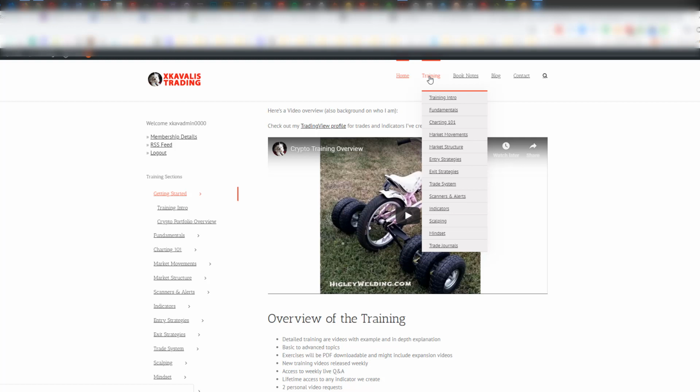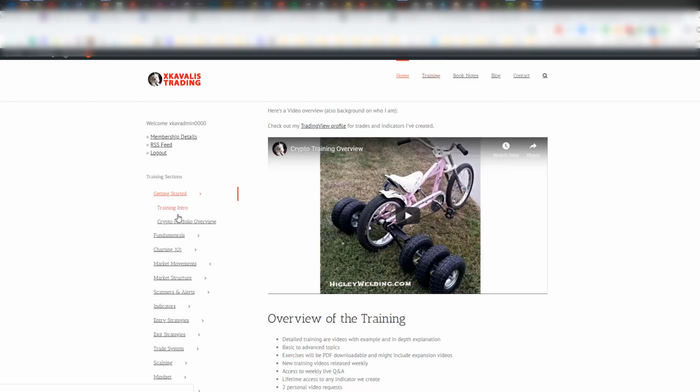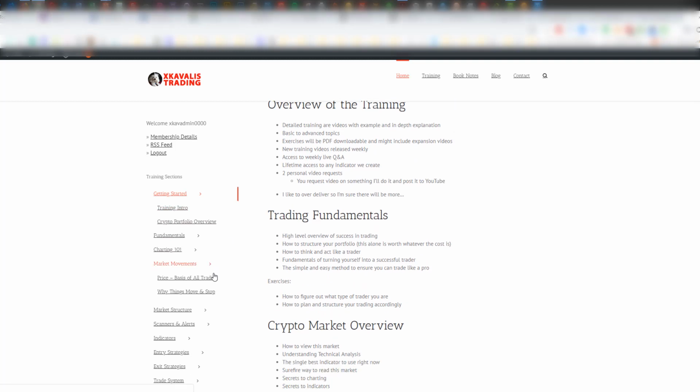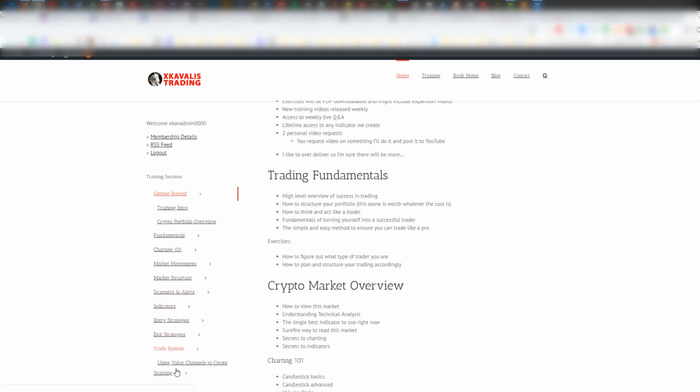So here on the left-hand side, if we go through the training, everything from the fundamentals to charting 101 to market movements to moving averages, amplitude and change, everything that you see here on the left-hand side, this is all foundational trading. So this is all foundational trading to develop your own trading system, to develop your own edge.